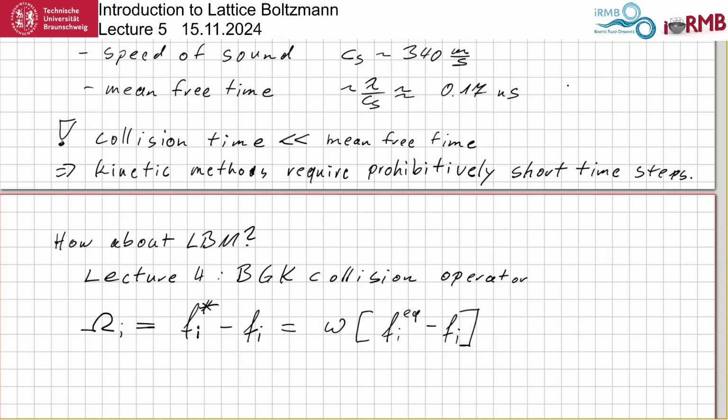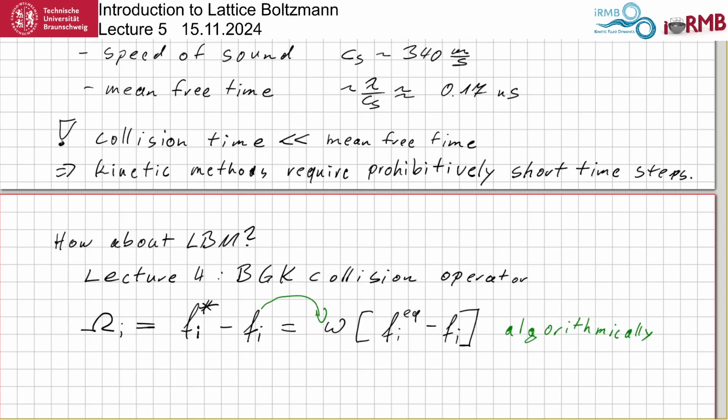So this, by the way, is an explicit algorithm, because we can take this and directly compute F star, the after-collision population.